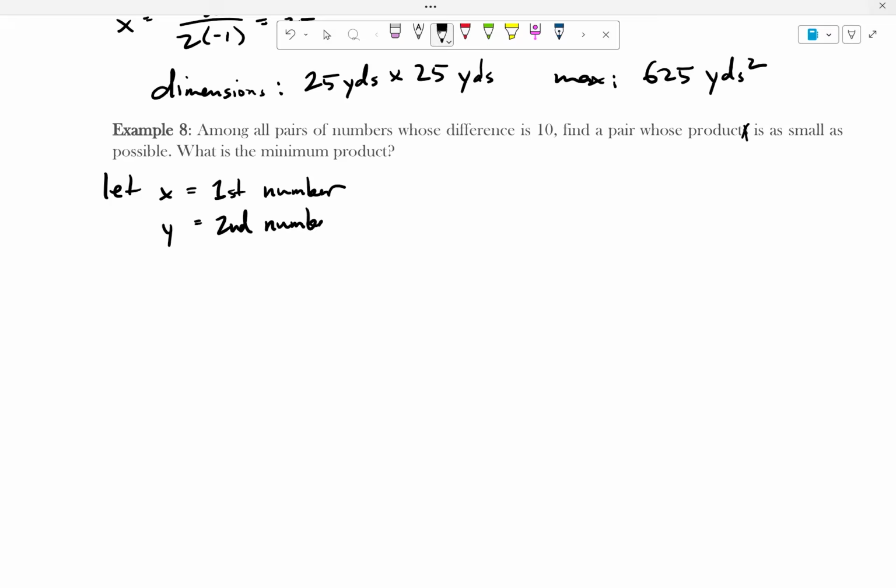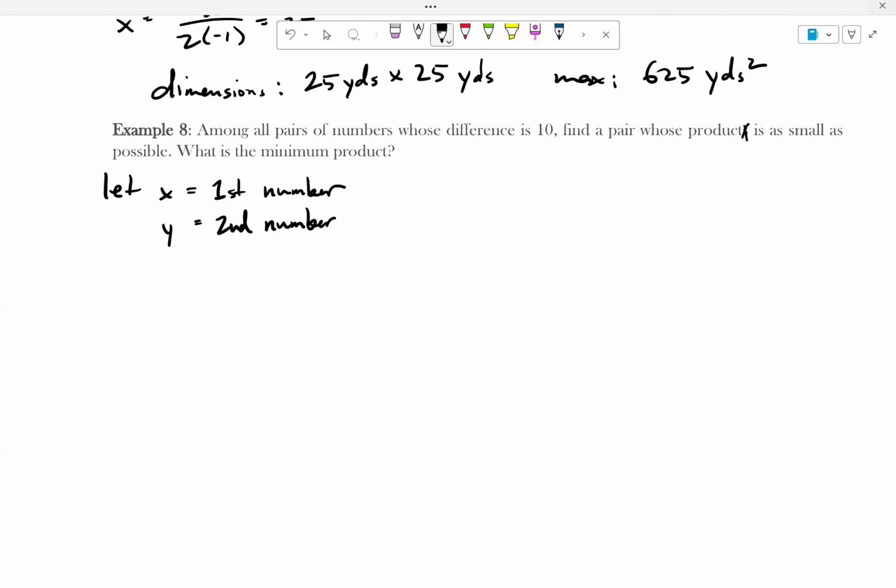Remember, we don't want two variables in our equation, so I'm going to try to replace that as quickly as possible. It says two numbers whose difference is 10. Before we go through this, could you think of what the answer is going to be? Product is as small as possible, difference is 10. This is not quite as easy, so let's just let algebra do it.